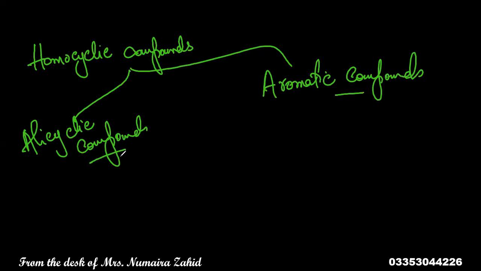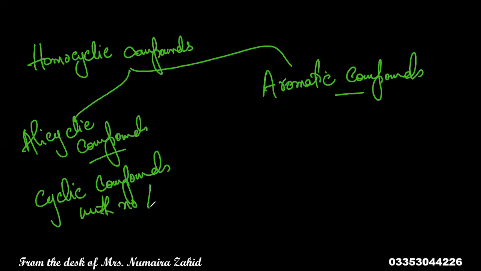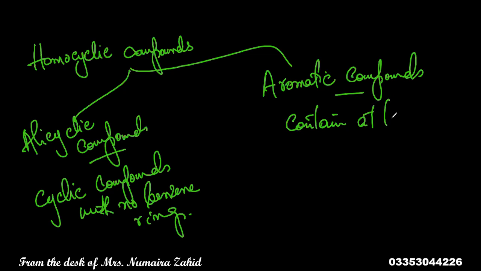Alicyclic compounds are the compounds having no benzene ring. They are simply cyclic compounds, okay, with no benzene ring inside. But aromatic compounds are the compounds which contain at least one benzene ring in their structure.